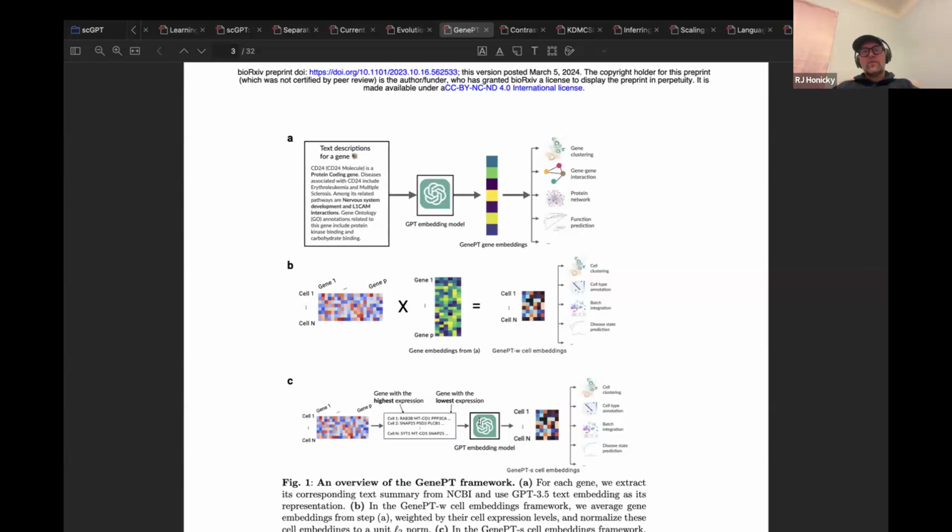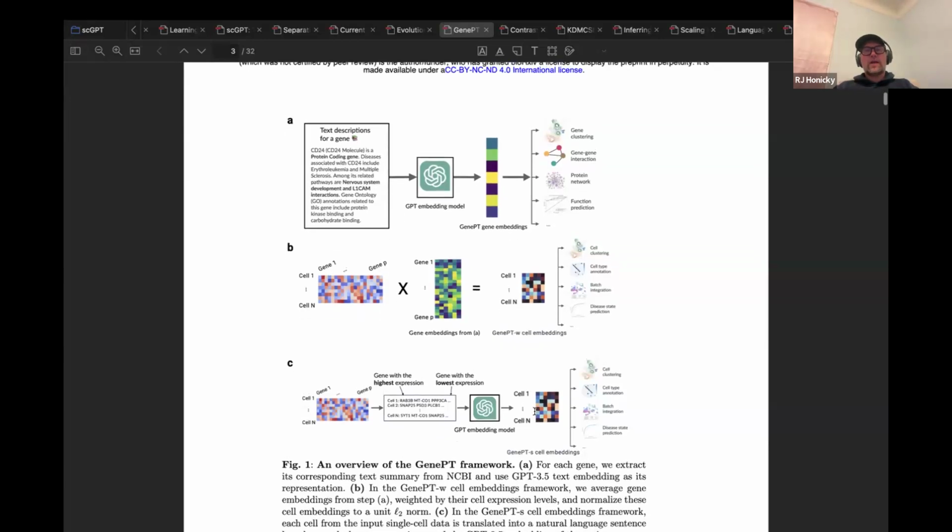And then they stick each one of those into the embedding model, and out come n embeddings for all of those cells. Okay, is that clear, the mechanism?